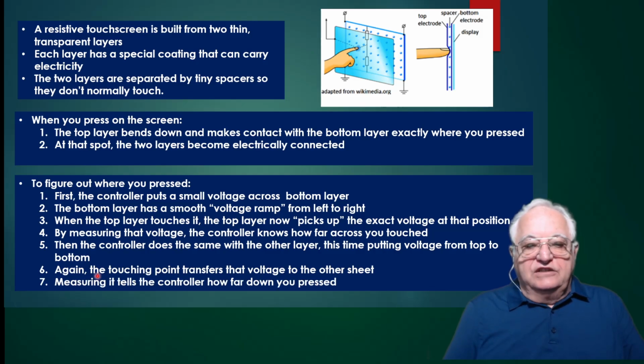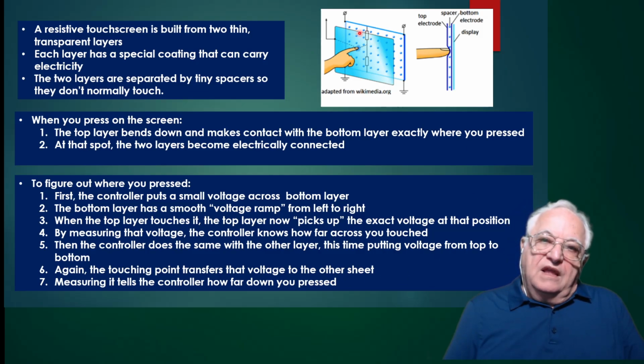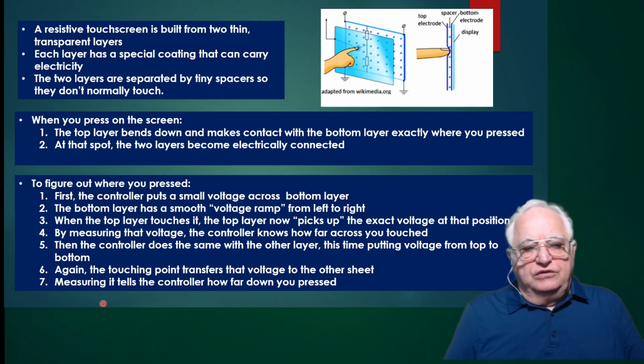Measuring it tells the controller how far down you press. So I put a voltage here so the voltage would change from top to bottom. So I touch some place, I'm going to get a unique voltage, and then I can figure out how far from the top I've gone. So basically, the idea is that I'm going to get the X and Y coordinate by applying voltage to one or the other layer and measuring those voltages.